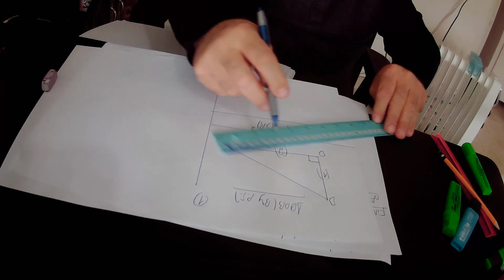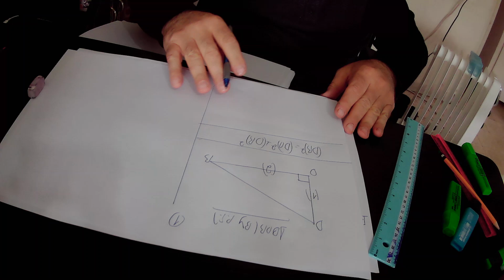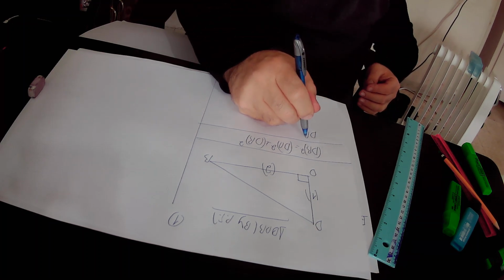DB, the hypotenuse, is the missing side, so we leave it as it is.